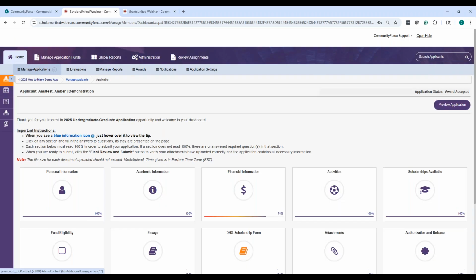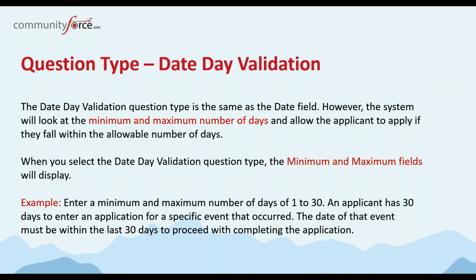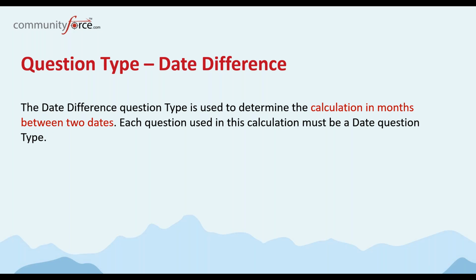The other one we're going to talk about is a question type that may seem similar, but it's a little different. It's called the date difference question type. What this does is, usually you have more than one question. So you have 2 different dates where you're having your applicant enter dates. I'm going to show you this here in a minute.